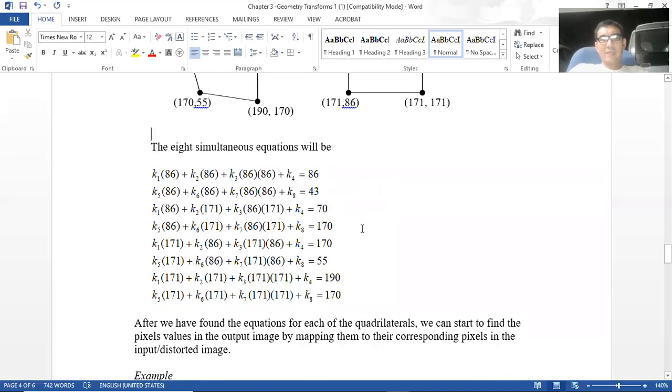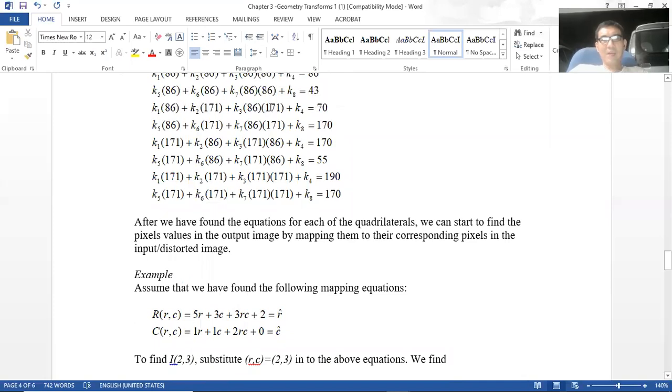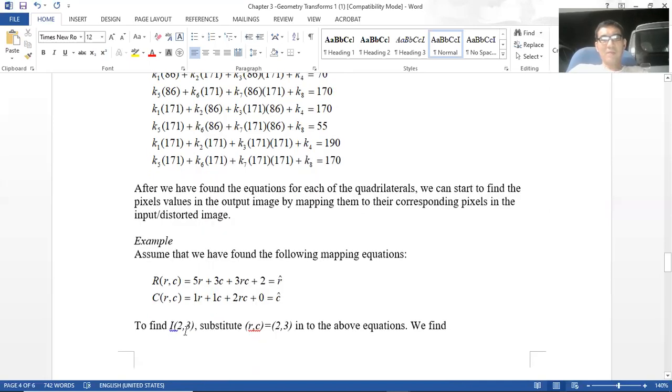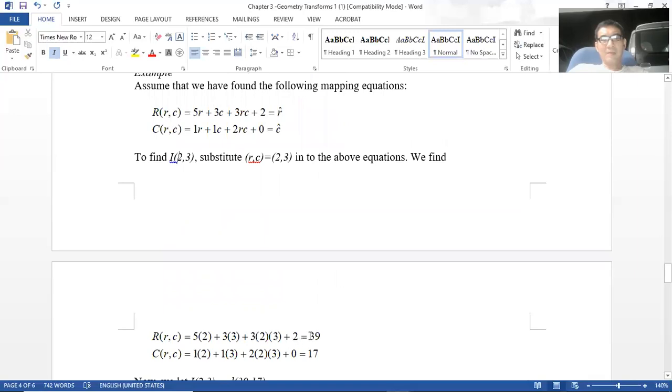Okay. So next, assume that you have found this mapping equation. You solve your K1 to K8, so you get your K15, K23 after solving this, and K80. So you get this equation. So now if you want to find what is the grade level for I23 in your restored image, you just need to put your 2, 3 into this equation, and then you will get what is the R prime and C prime, 39, 17.